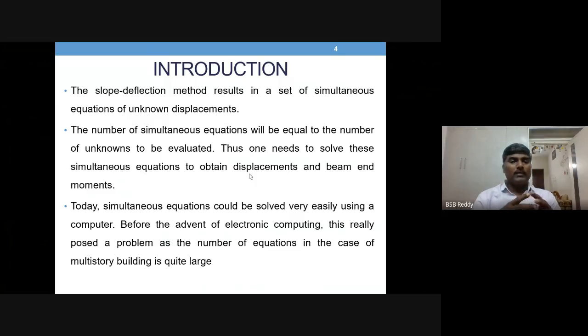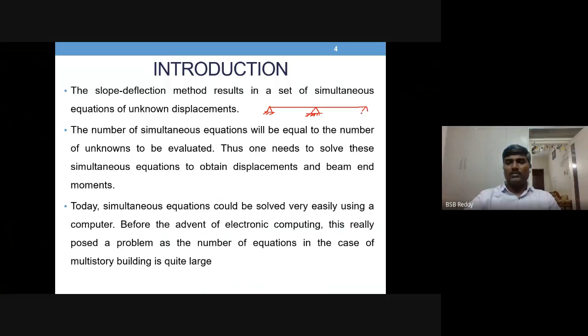If you recall what we have done in the slope deflection method, for example, as the simplest application, just take a continuous beam. This is what a continuous beam is.